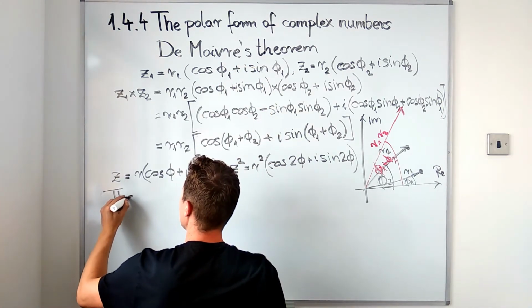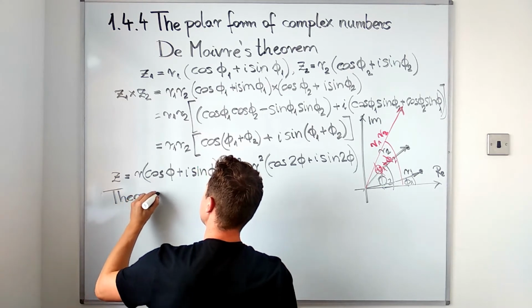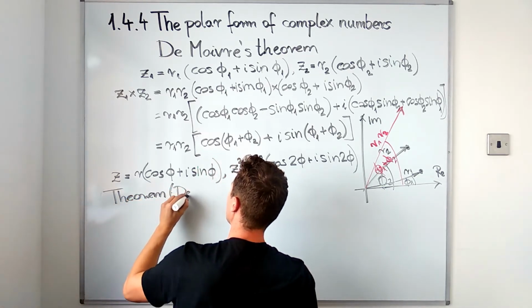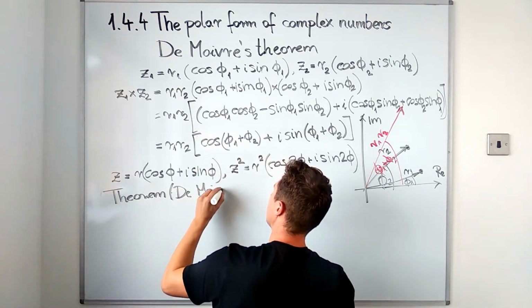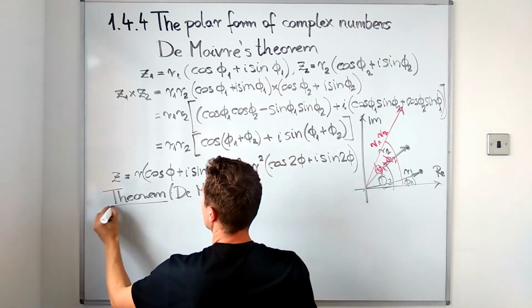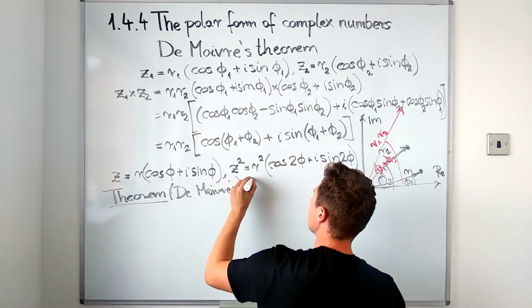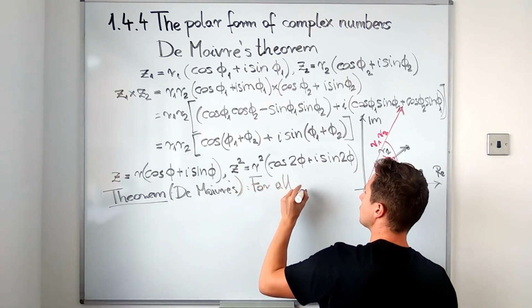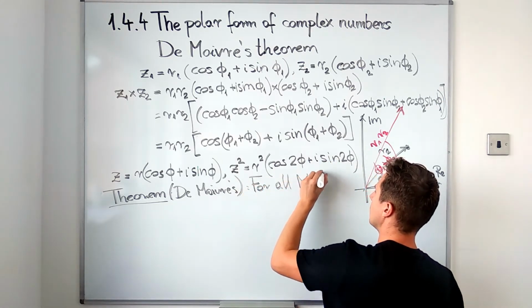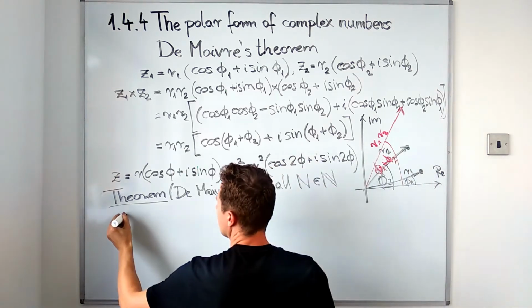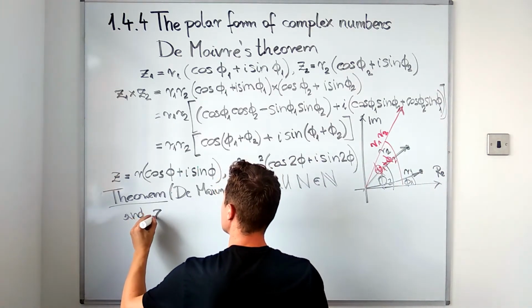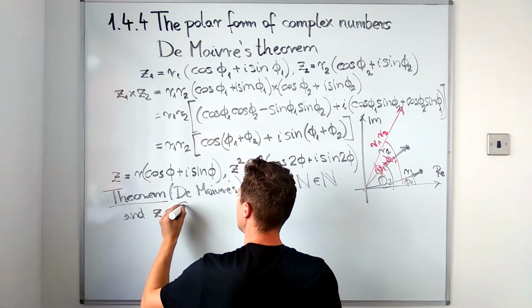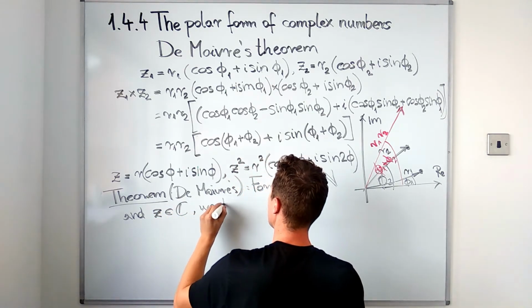So let me just state that theorem, de Moivre's theorem, which says that for all natural numbers n and complex numbers z, we have the following.